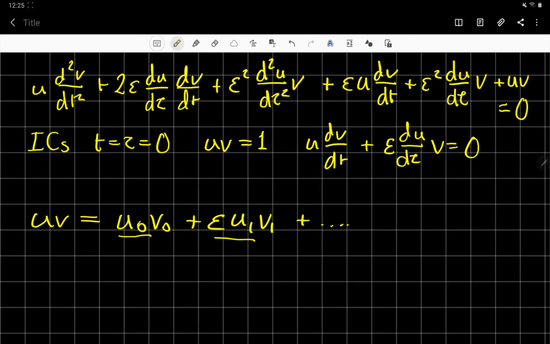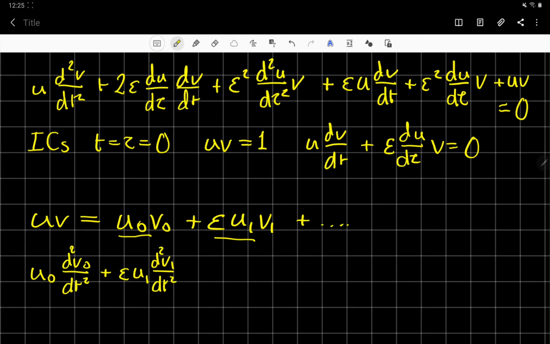So we're going to have u naught d2 v naught dt squared plus epsilon u1 d2 v1 dt squared.